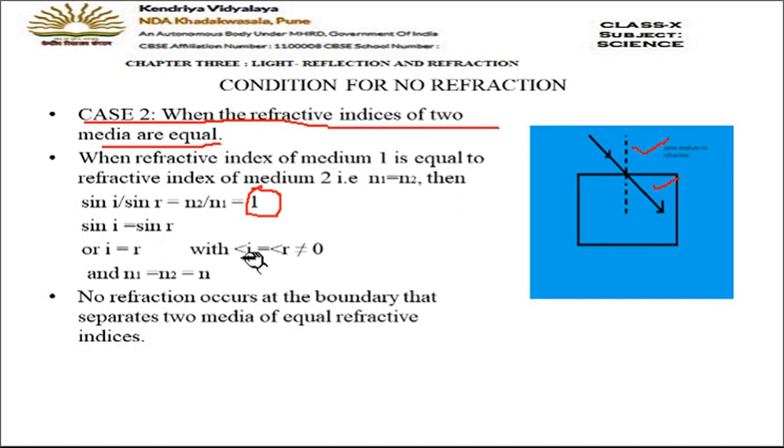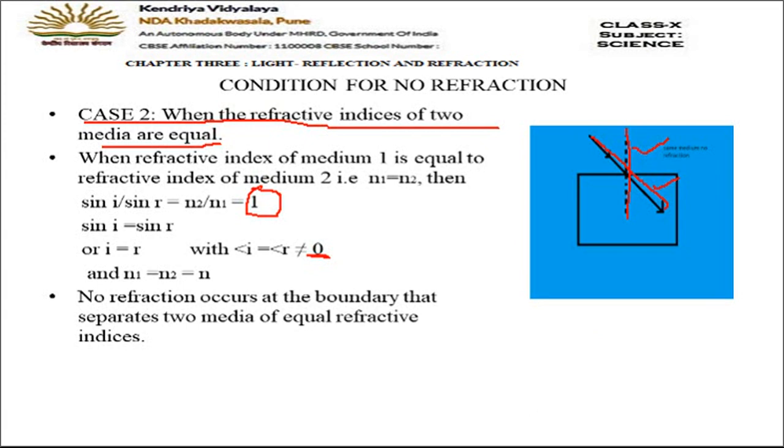So in this case also there is no refraction, no bending, light will go straight. So these are the two cases: if the light is incident normally, or when the refractive indices of the two media are the same, in both conditions there is no refraction.